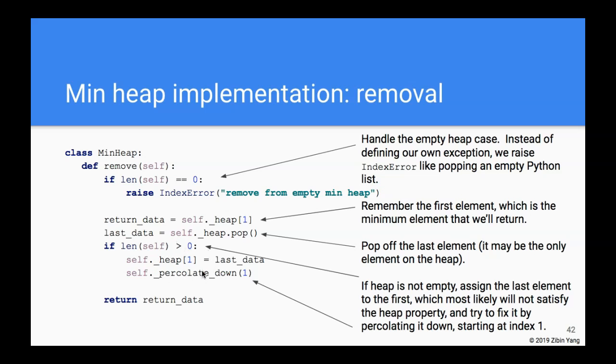So we'll only do percolation if there's something in the heap itself, and that's what this check is for. Okay, and so if there's still anything in the heap, then the first thing we'll do is assign the last element to the first element, okay? And then we're going to do the process of percolating down, starting with the first element.